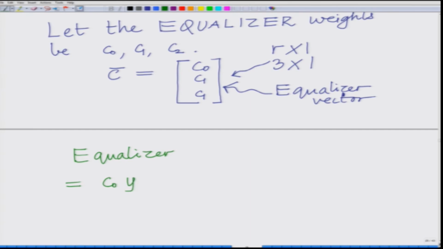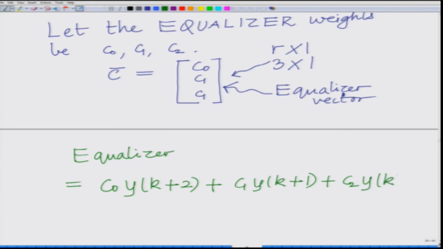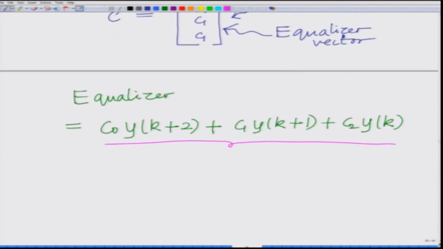C0 times yk plus 2 plus C1 times yk plus 1 plus C2 times yk, which is basically the linear combination of yk plus 2, yk plus 1 and yk.